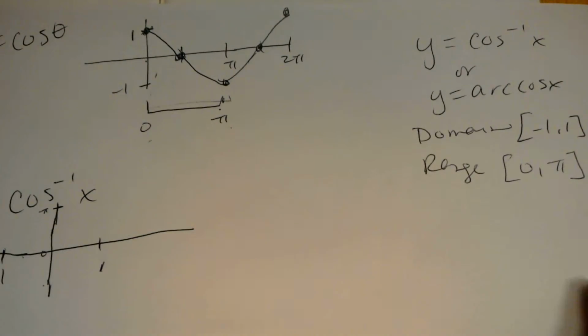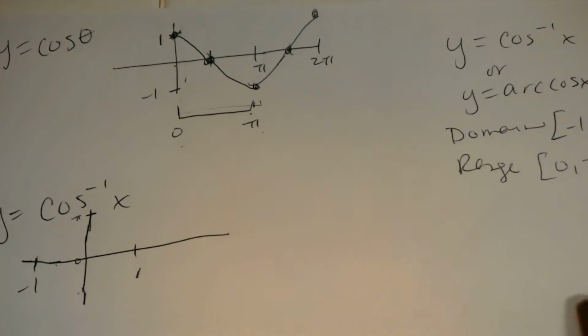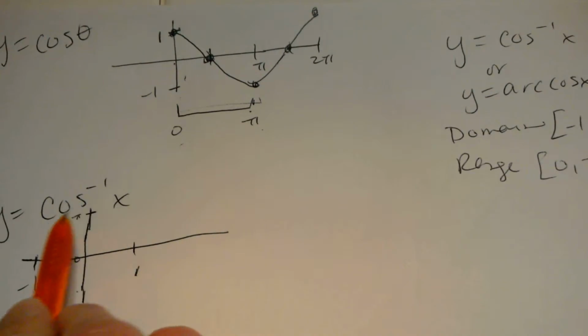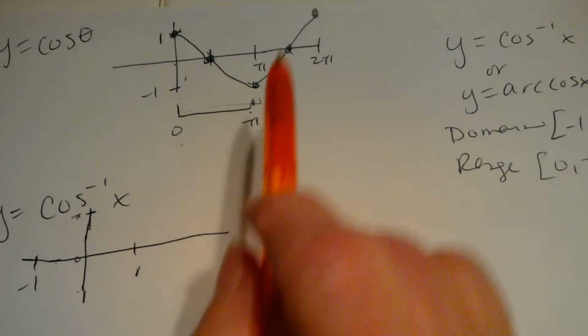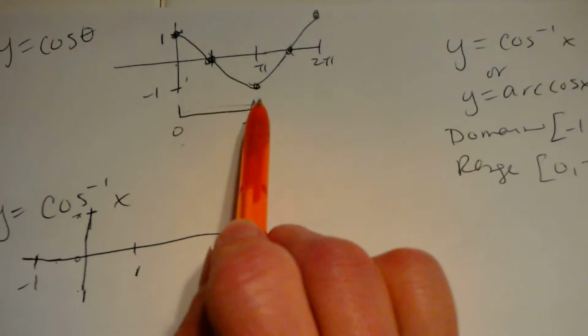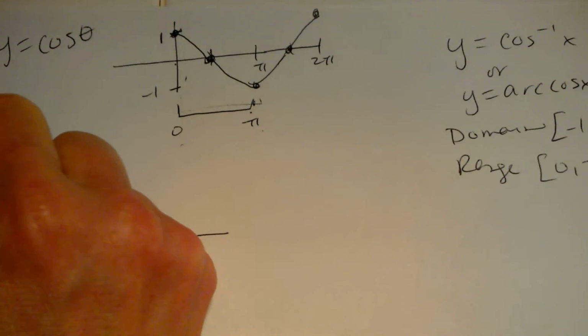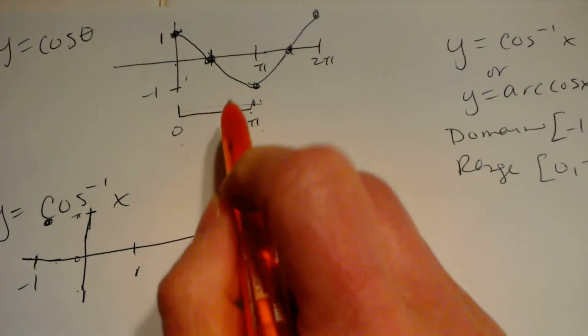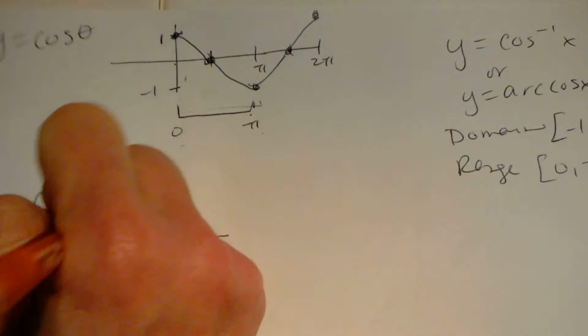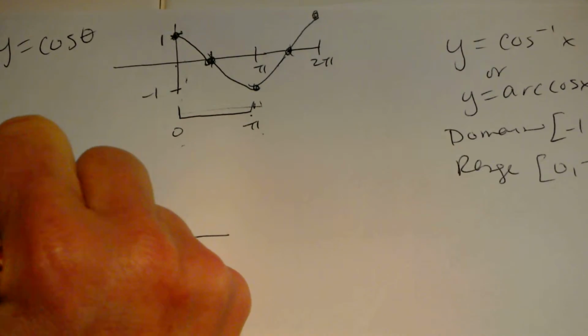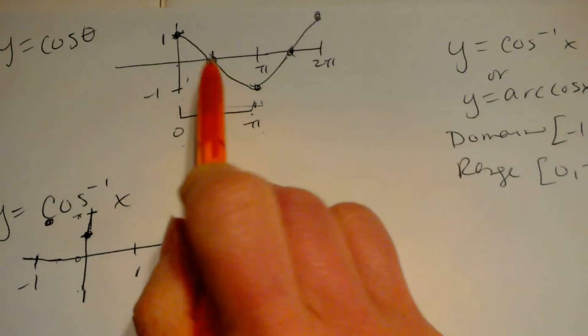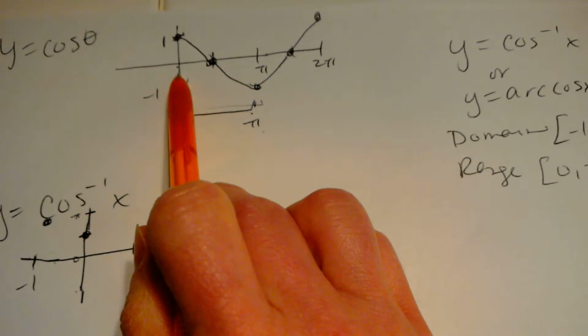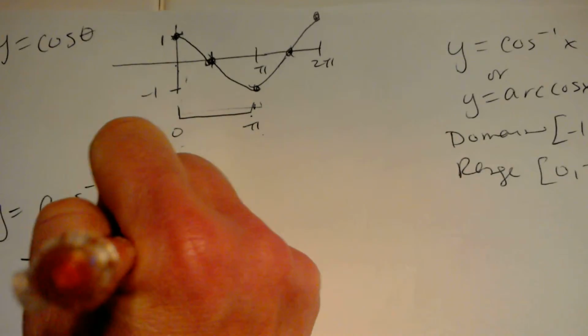Okay? Let's slide this over. Okay? So we're looking at this area here. So at -1 here, we're at pi. So we're going to start here. Let's see, at 0, I'm at pi over 2. And then at 1, my x value is 0. So it's going right here.